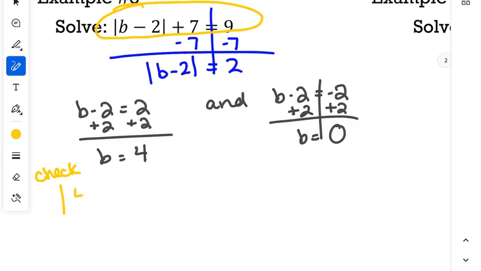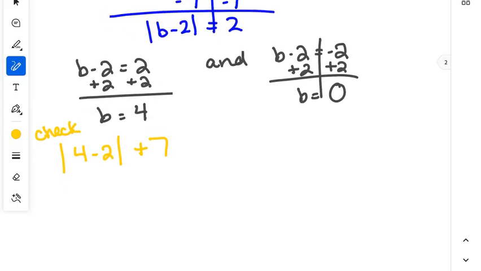Absolute value of 4 minus 2 plus 7. Okay, so 4 minus 2 is 2, right? I'm going to keep it with those absolute value bars. So absolute value of 2 is 2, plus 7 is 9. So it worked.